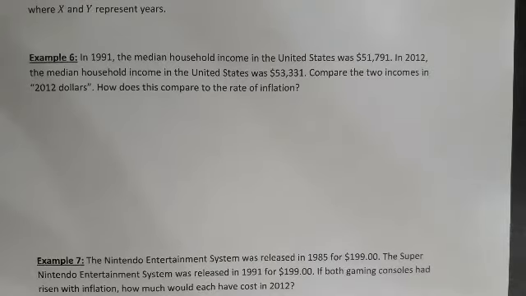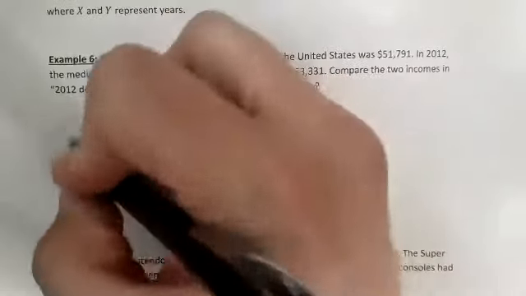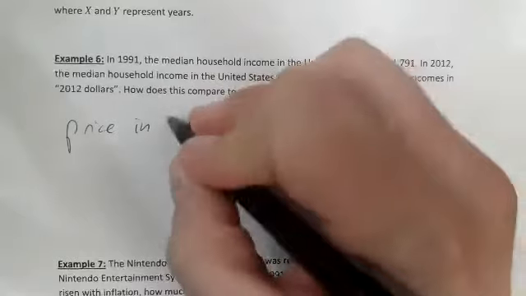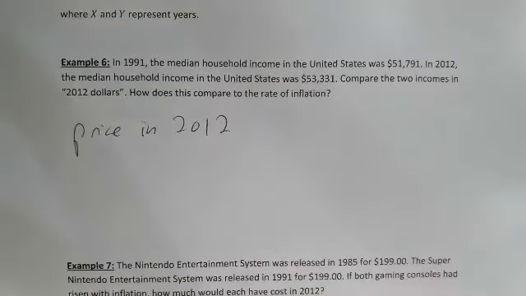Okay, so they're asking for quite a few things in this problem. So let's focus on the first thing. We want the price in 2012 dollars. Following our formula there might be the quickest way, but we want the price in 2012.